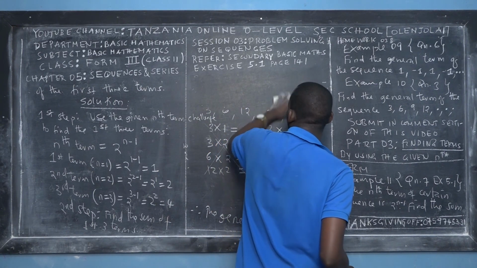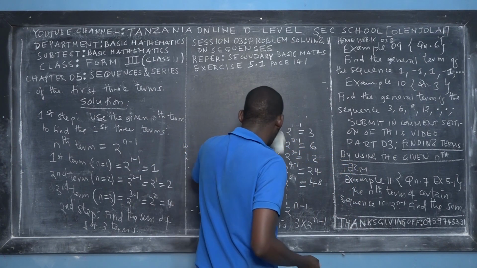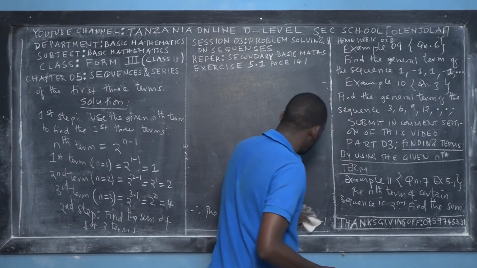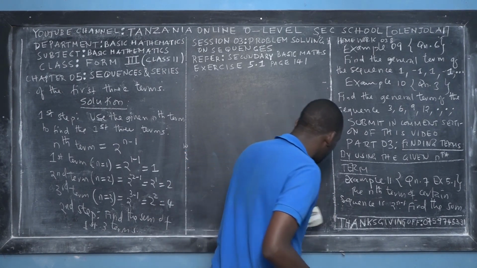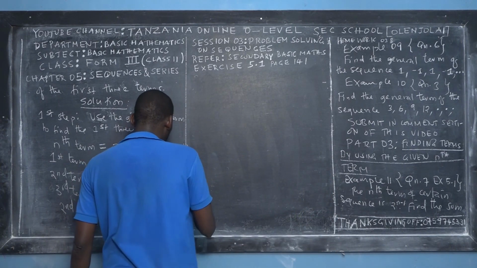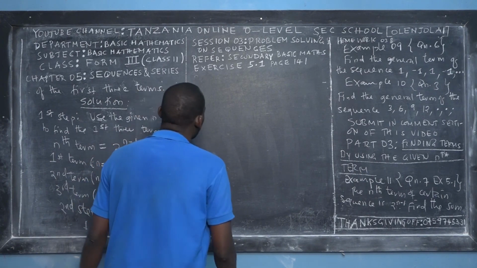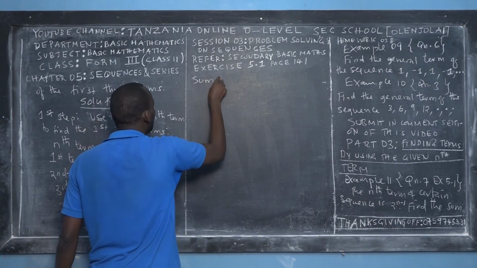Finding the sum of the terms, we just take the first term plus the second term plus the third term plus the fourth term, and so on. Later I'll teach about the sum of the n terms in arithmetic progression.